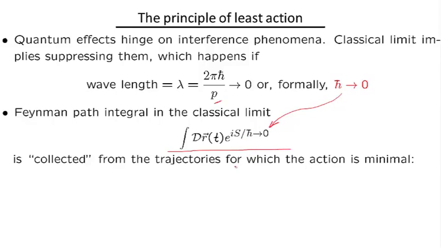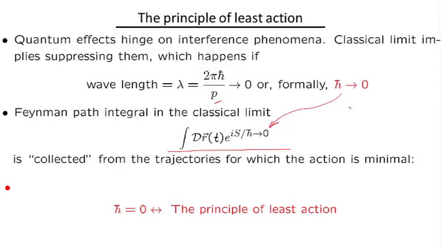And in full analogy with the previous slide, as h becomes smaller and smaller, we can focus only on the trajectories in the vicinity of the trajectory for which the action is minimal. So basically the limit of h going to 0 reproduces the principle of least action, which is another cornerstone of classical physics.